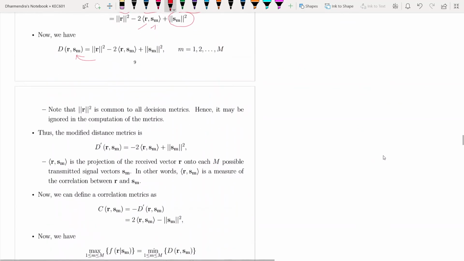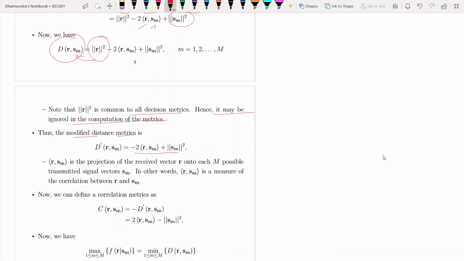We know that this term is common to all decision metrics, hence it may be ignored in the computation of the metric. So the modified distance metric is denoted by d prime of r comma sm, because we are ignoring this, which is a constant for all calculations.